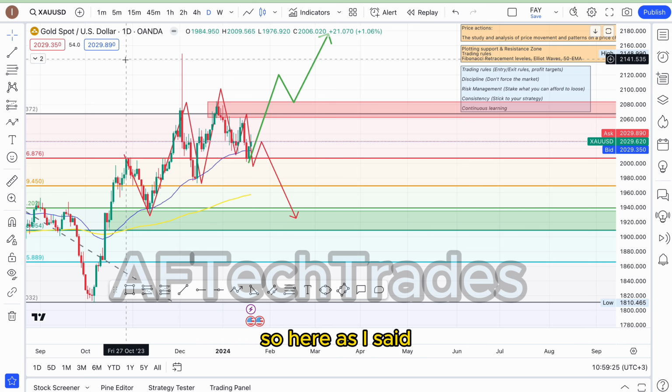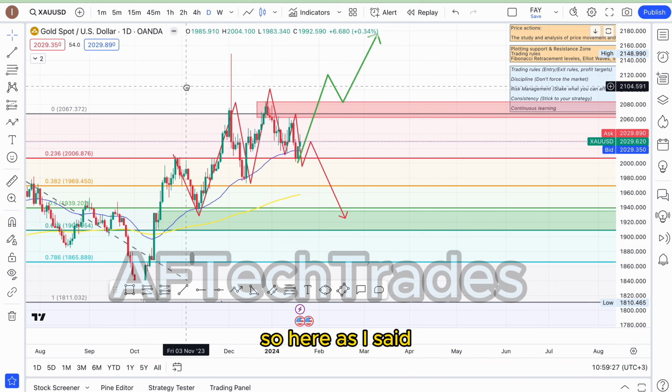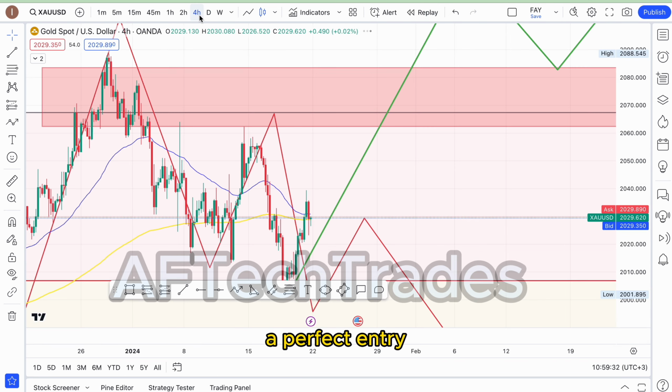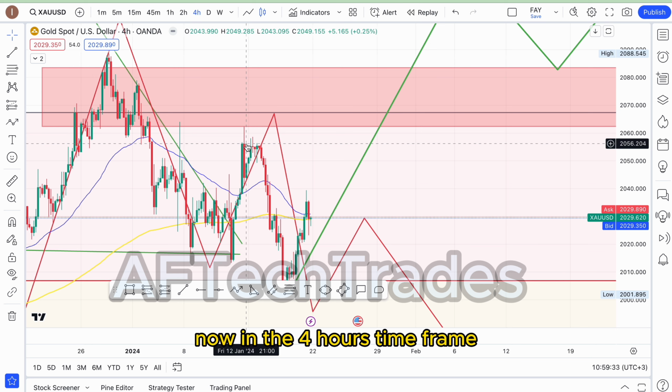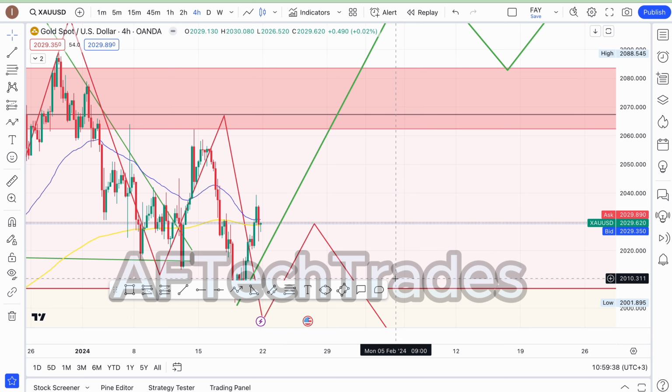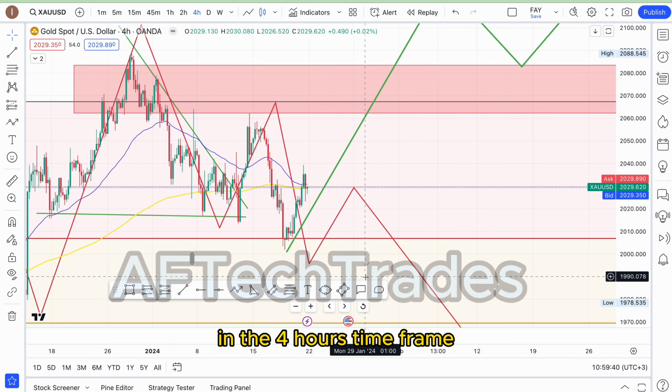Okay, good. So here, as I said, I will go to the 4 hours time frame to look for a perfect entry. Now, in the 4 hours time frame, what are we seeing?